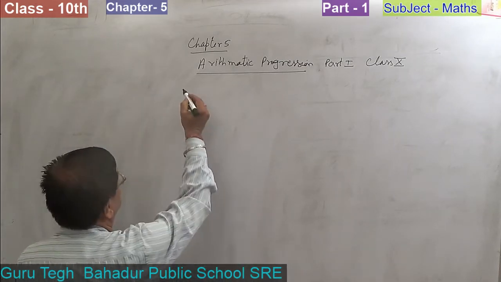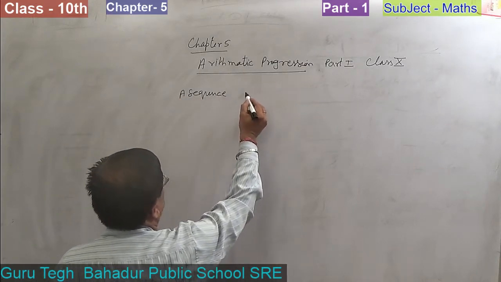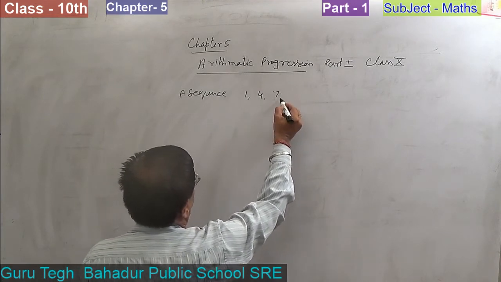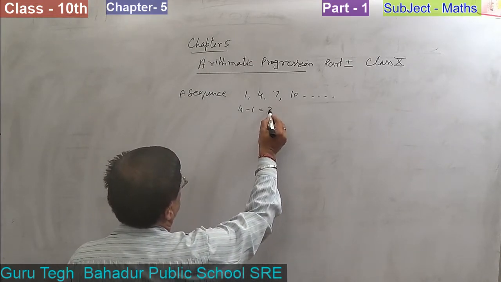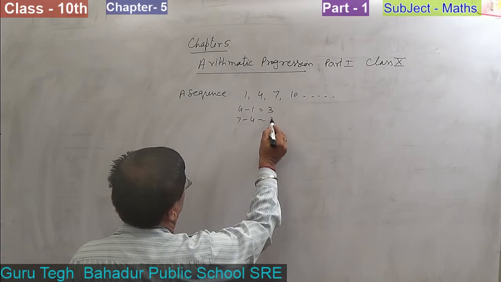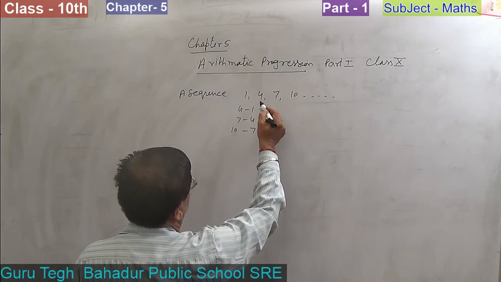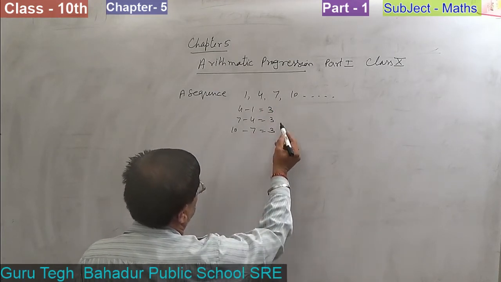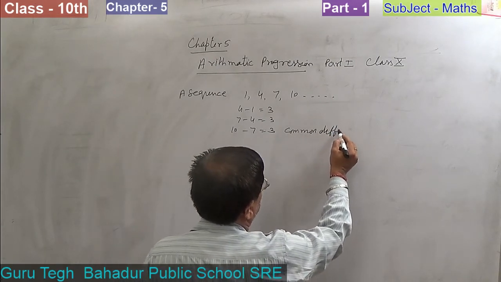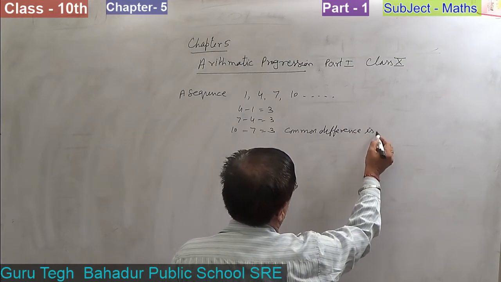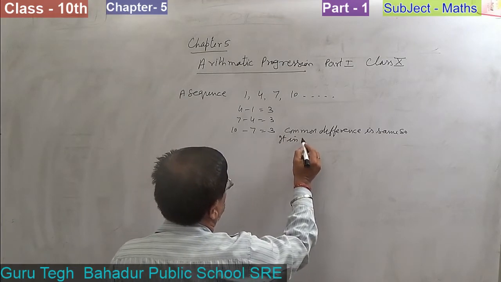Like you see the sequence 1, 4, 7, 10. 4 minus 1 is 3, 7 minus 4 is 3, 10 minus 7 is 3. So the common difference is the same, so it is an AP.